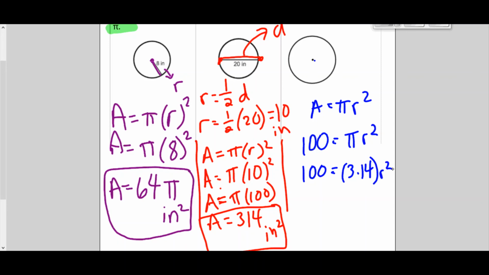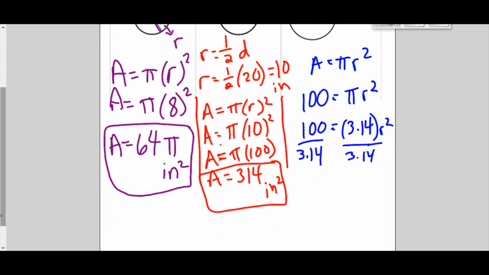So first I'm going to get rid of the 3.14. I'm going to divide everything by 3.14, so that those 3.14s cancel. And then I'm going to do 100 divided by 3.14. And I'm going to get 31.8 equals r squared.